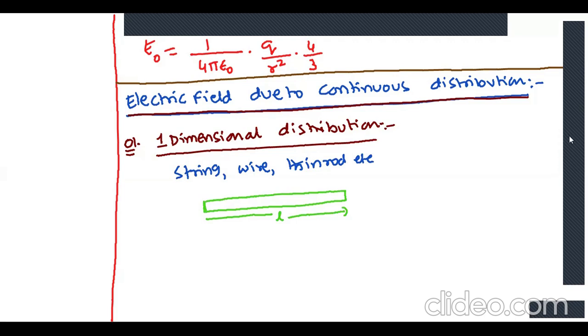Now, whenever it is charged, positive charge lies on the outer surface and negative charge lies inside the surface.